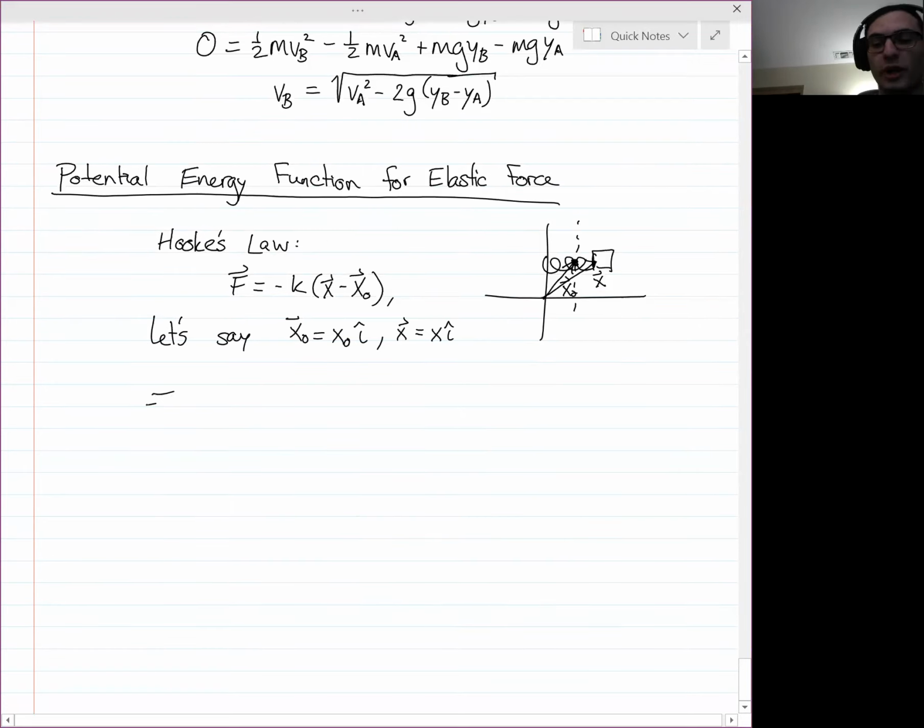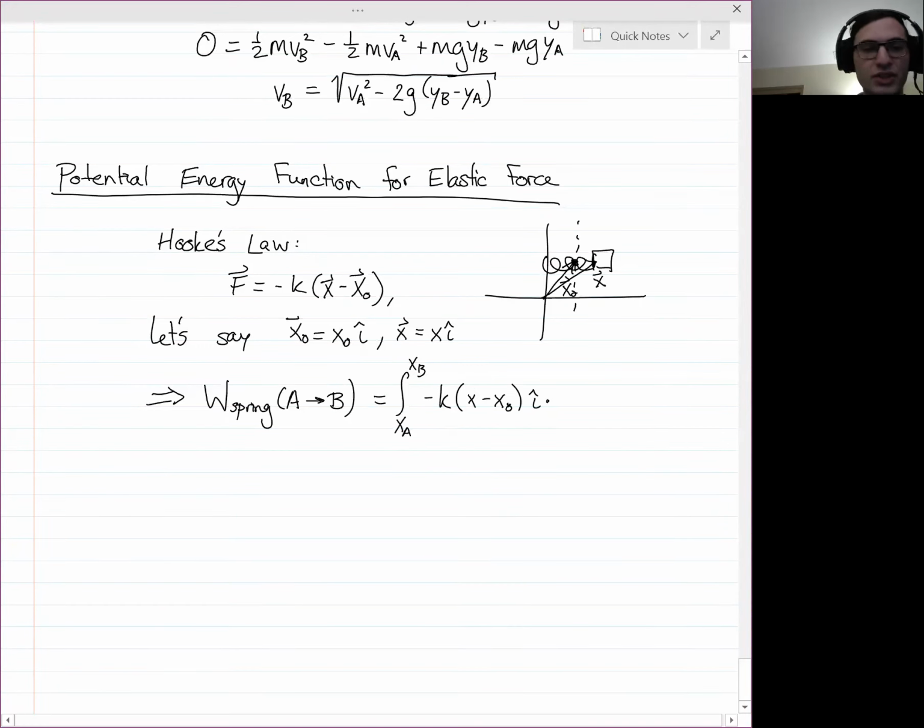Then we can calculate the work. The work done by a spring from A to B is going to be equal to an integral from xa to xb of the force, which is negative k (x minus x naught) i hat, dot dx i hat.